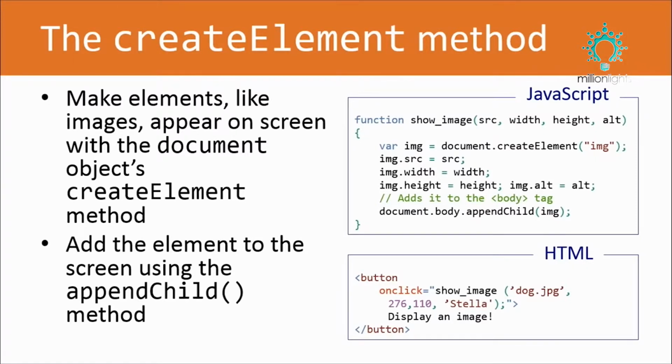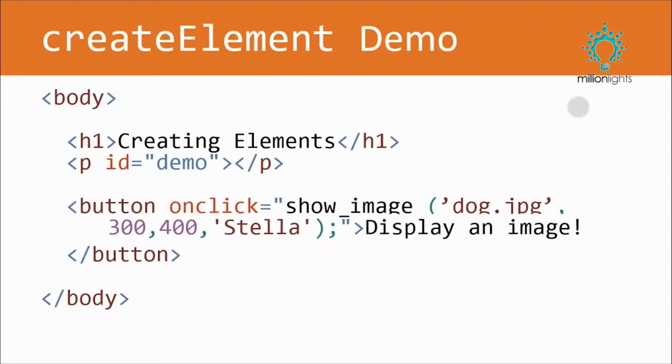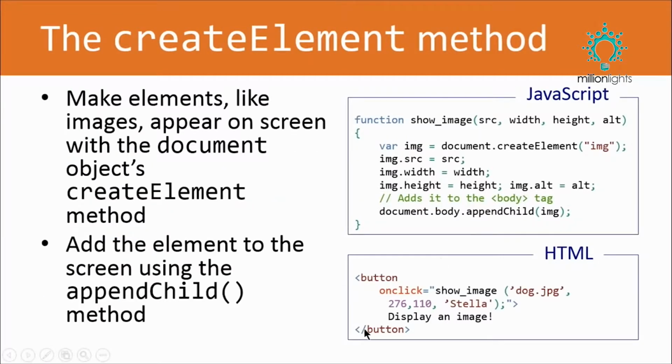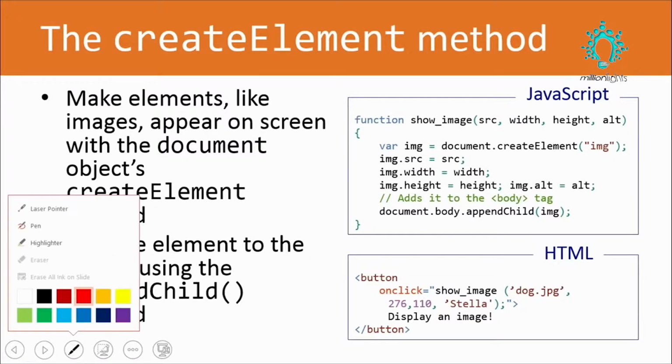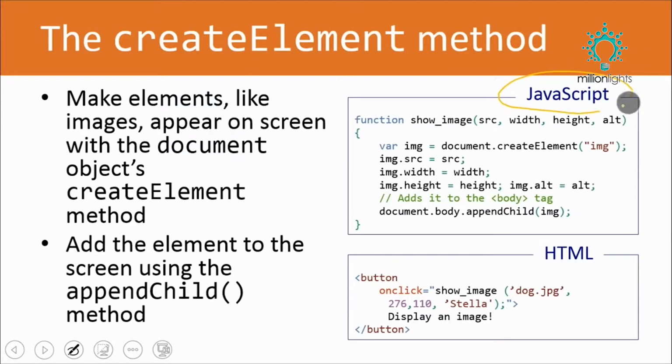So if you take a look at this code over here on the right, like our JavaScript in the top right, we've got a function named showImage. So that function takes a couple parameters. So the source name, the width, the height of the image, and then the alternate text. Okay. The image is document.createElement, right? So we use our createElement method here.